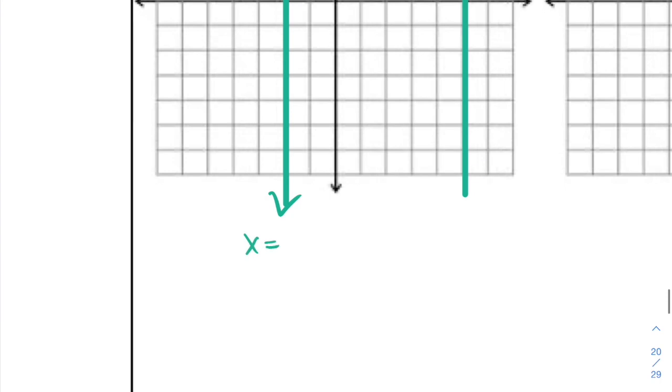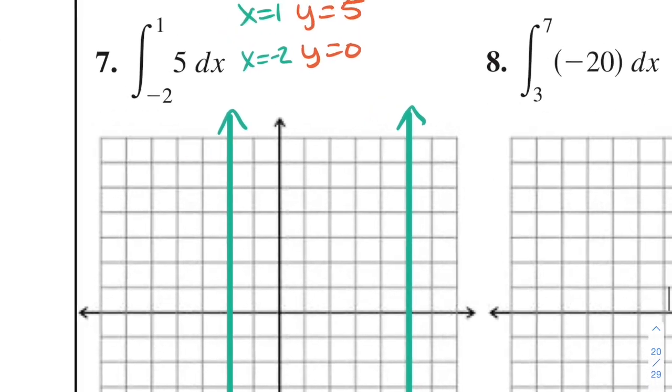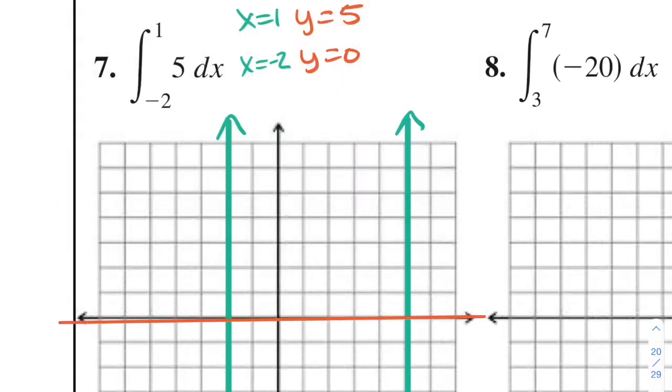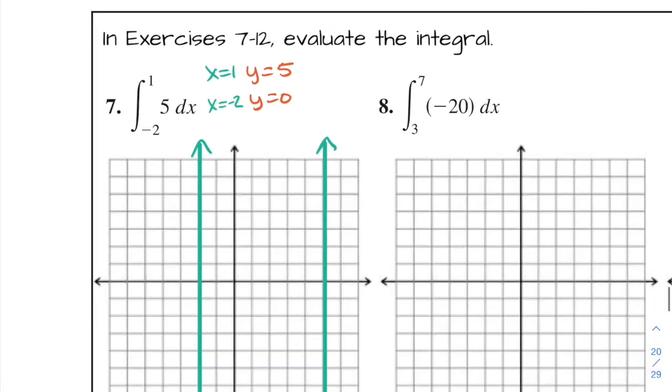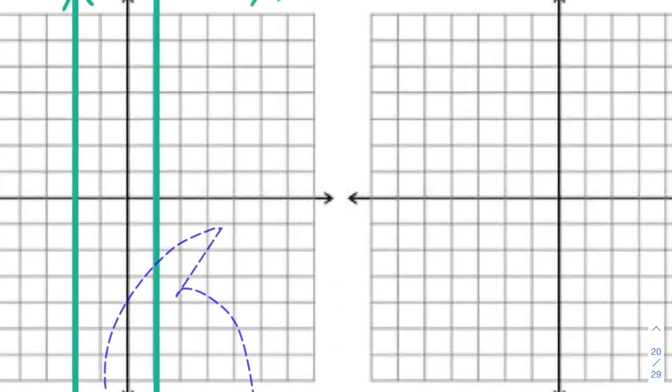Let me just label everything. So that's between -2 and 5. And then it's going to be between y equals 0 and y equals 5. I am so sorry. I'm mixing up my x's and y's. -2 to 1. Whoops. -2 to 1.